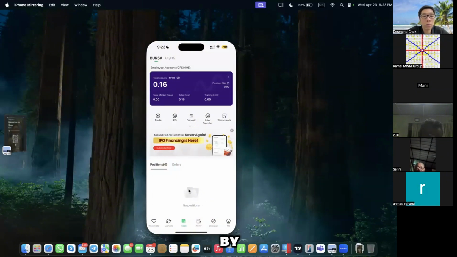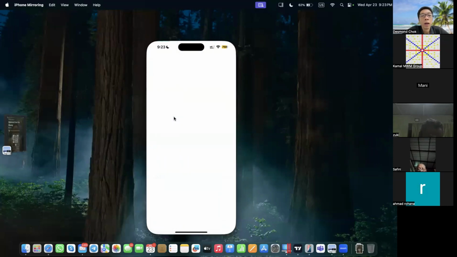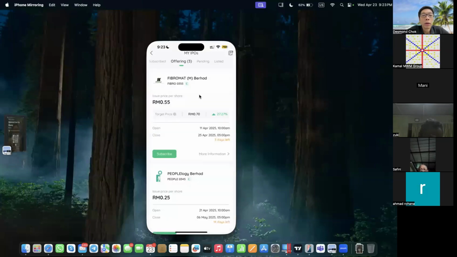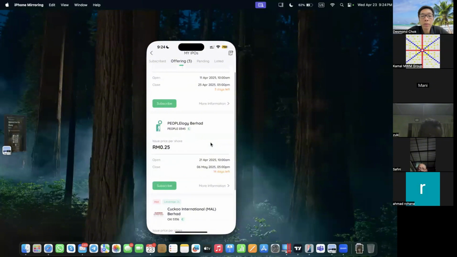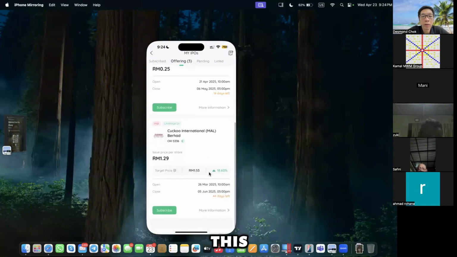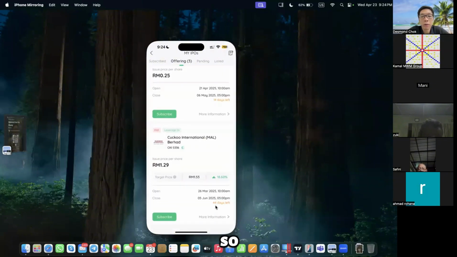What else? Okay, before I go further, I'm talking about the IPO. Here you can see the list of Malaysia IPOs. Currently we have 3 IPOs, 3 days left, 14 days left. This one is delayed, so until 44 days left.